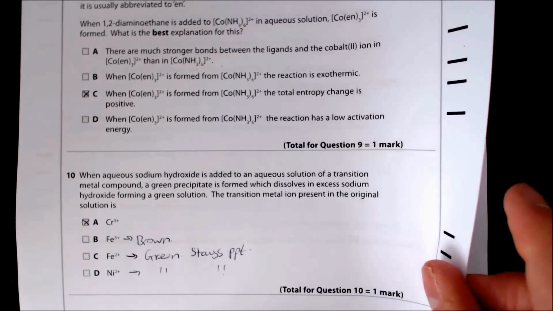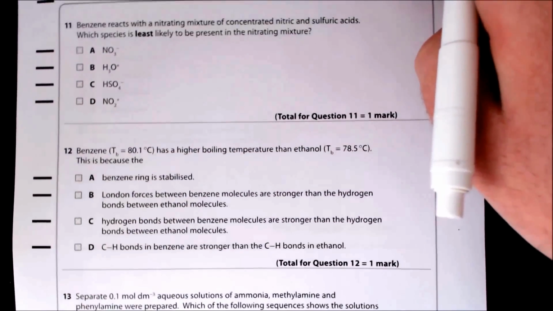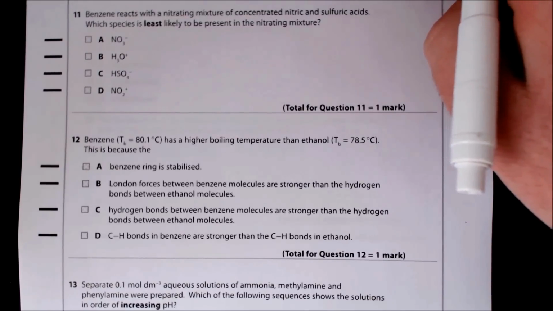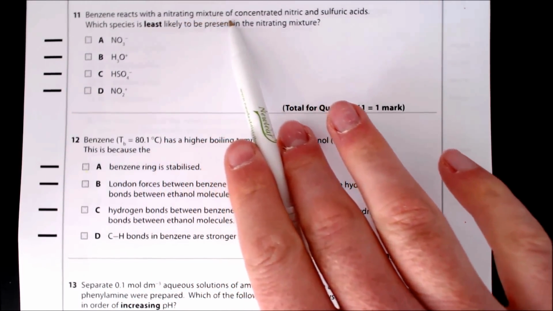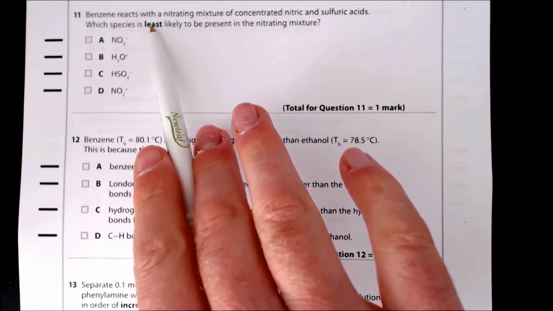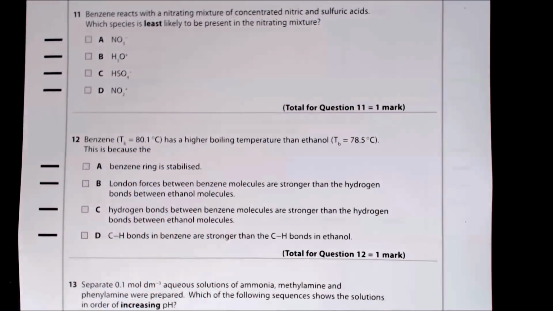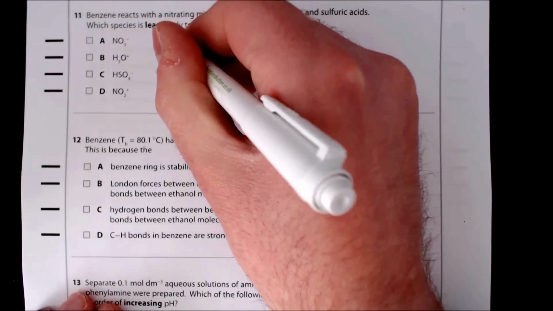Right, on to the next one. Okay, it's question 11. There you go. So question 11 says benzene reacts with a nitrating mixture of concentrated nitric and sulfuric acids. Which species is least likely to be present in the nitrating mixture? So let's write out our equation for this then.